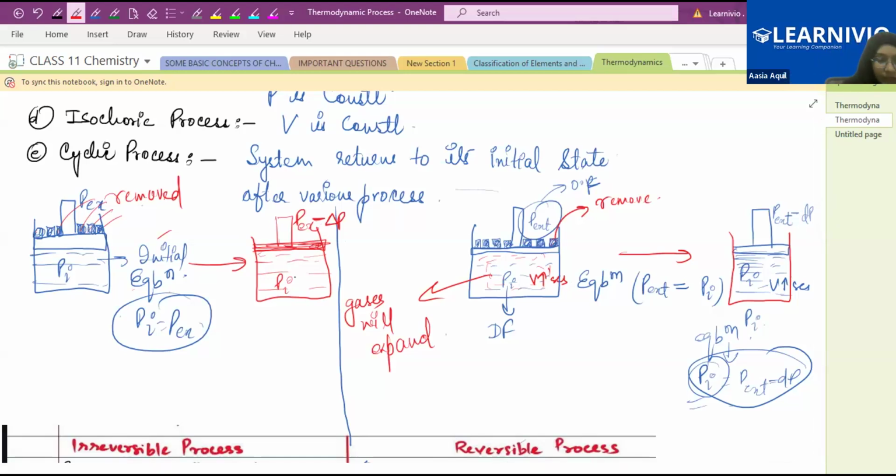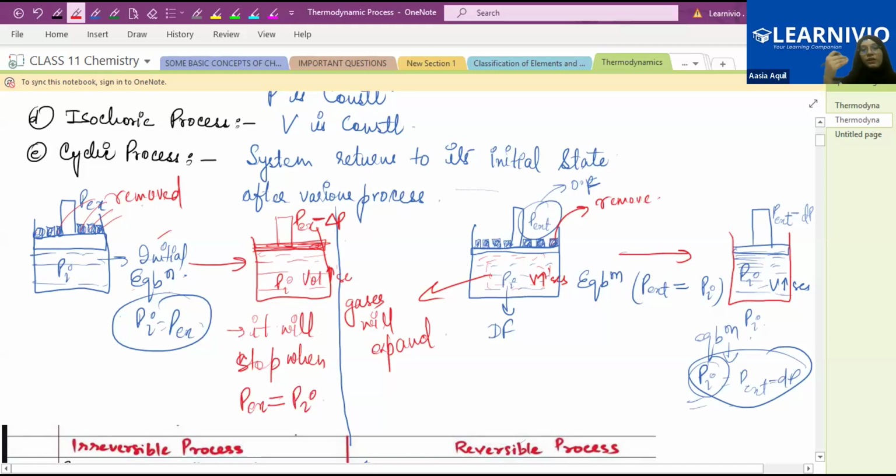So this will become P minus delta P. So here the volume will again increase suddenly, and it will stop when P external becomes equal to P internal.